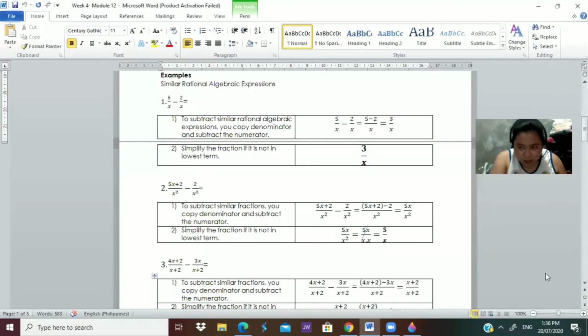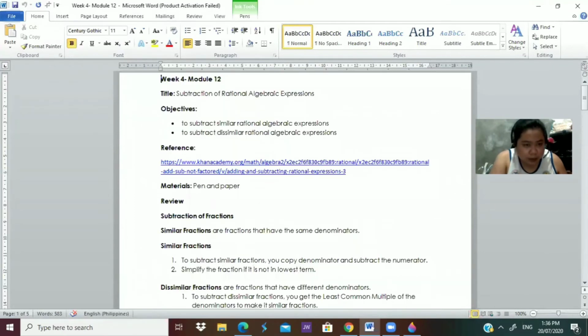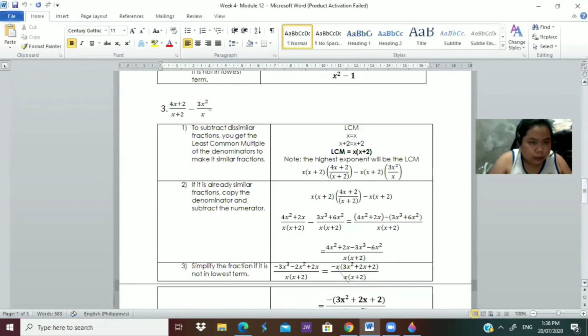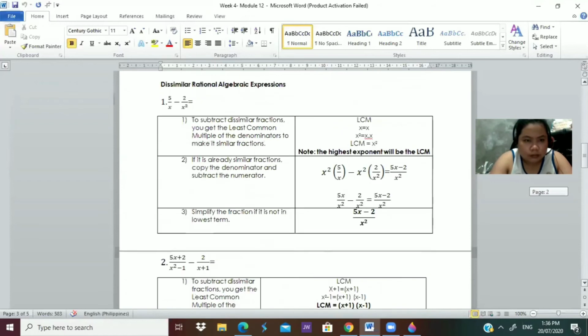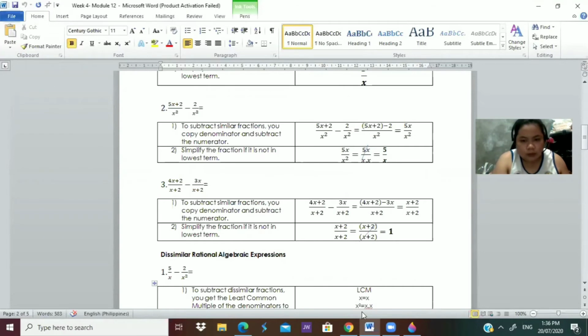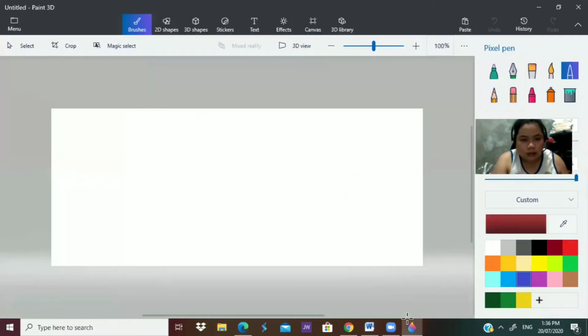Okay, number 3. Wait lang, mali ata ako nang nakuha. Okay, 4x plus 2 minus 3x.